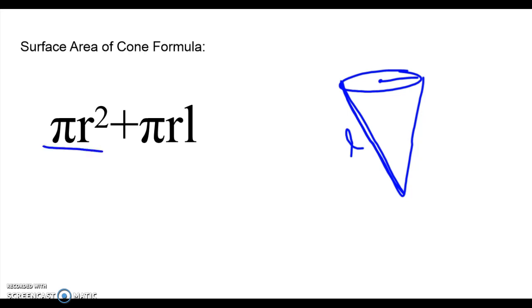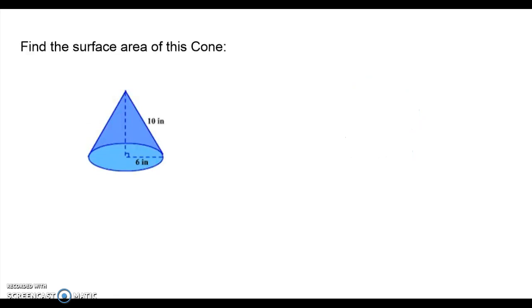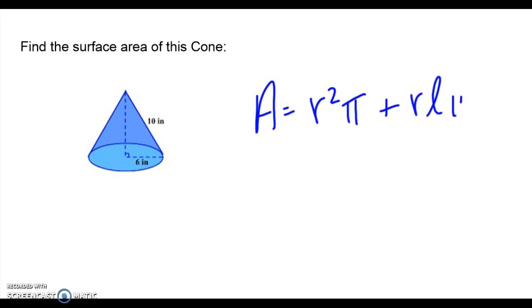We're going to take the area of the base, which is a circle area, and then we're going to take the radius times pi times slant height to get that curved part in there. So make sure you write it down. Alright, so finding the area of a cone, we're going to take r squared times pi and add together our radius times slant height times pi.